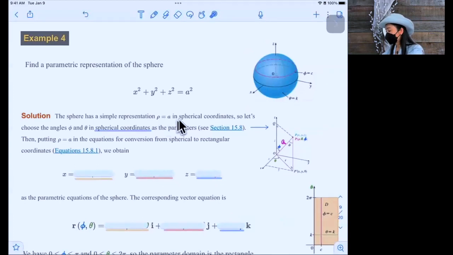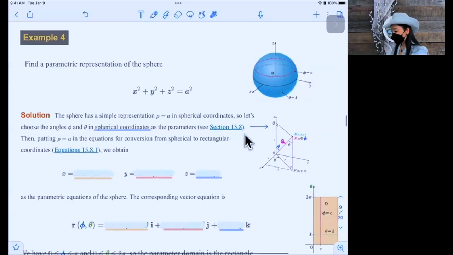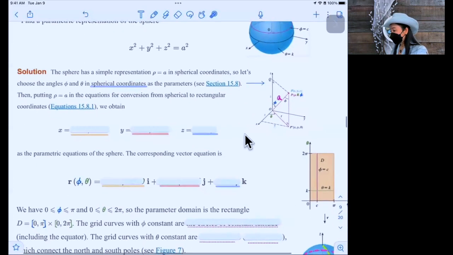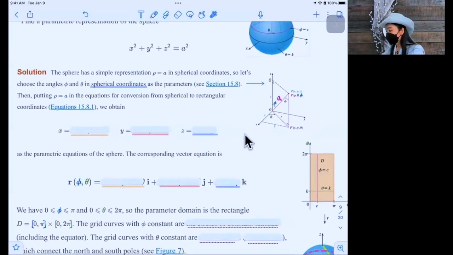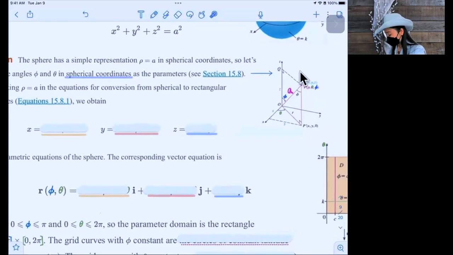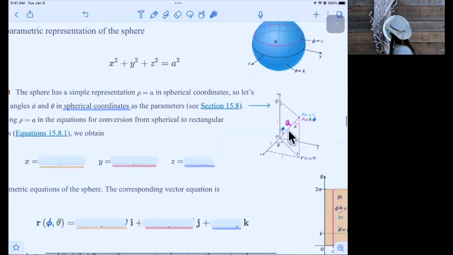It's just rho equal to a, right? Do you guys remember in the spherical coordinate system, what does x equal to? Looking at the picture over here. How do we get this? Let's try this.